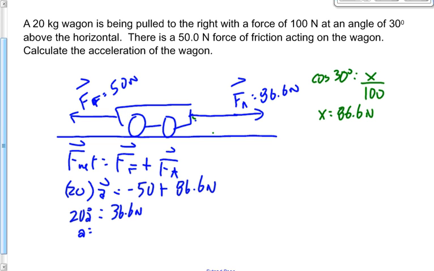And a is going to be equal to 36.6 divided by 20, which is 1.84, so 1.8 meters per second squared.